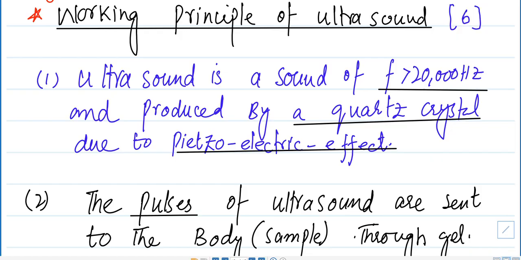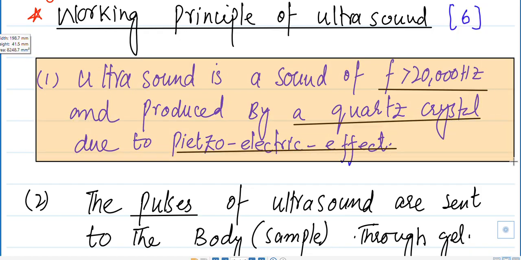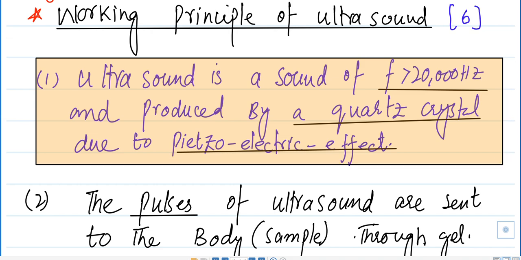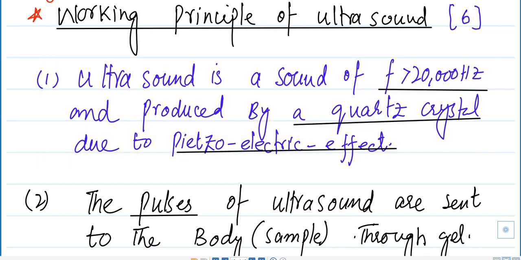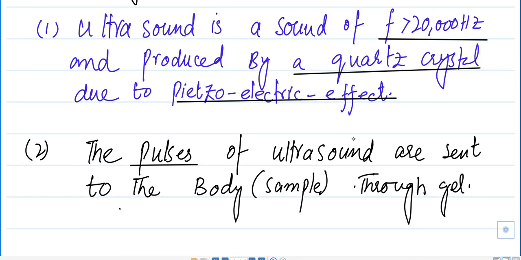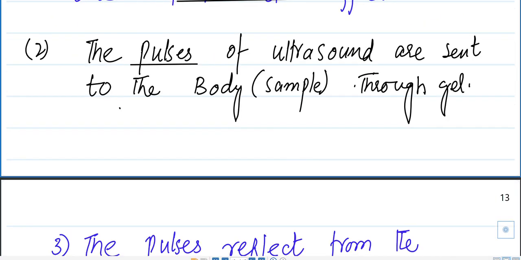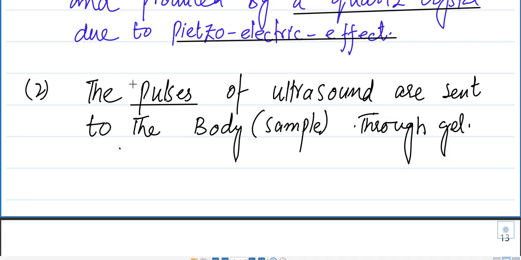So 3 pieces of information are blended in point number 1. I request you all to go through all these points in the same way. Secondly, the pulses of ultrasound are sent to the body or to the sample through gel.